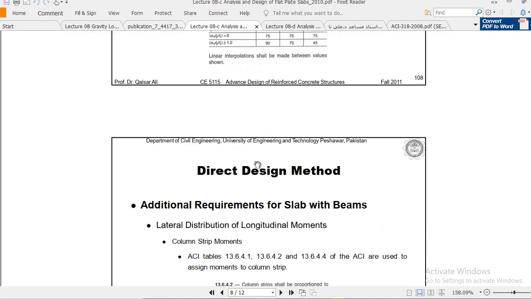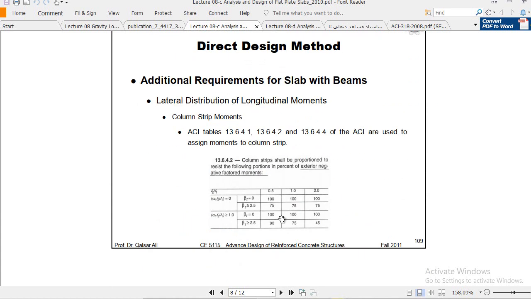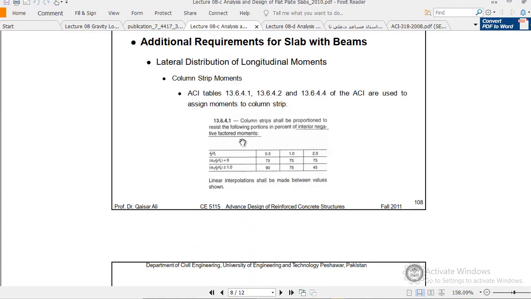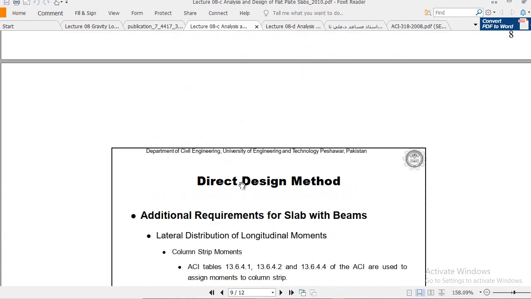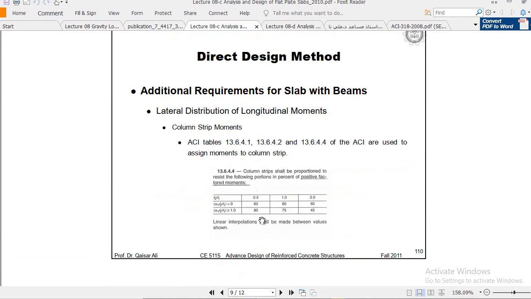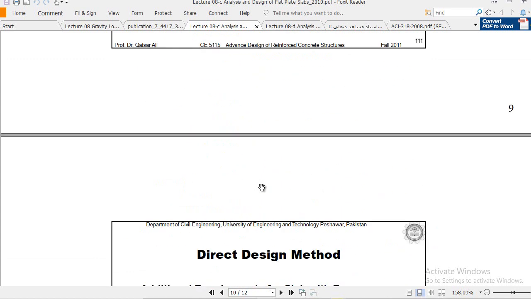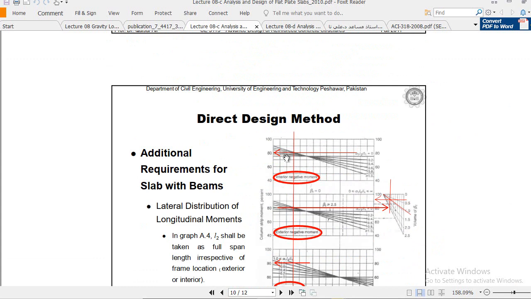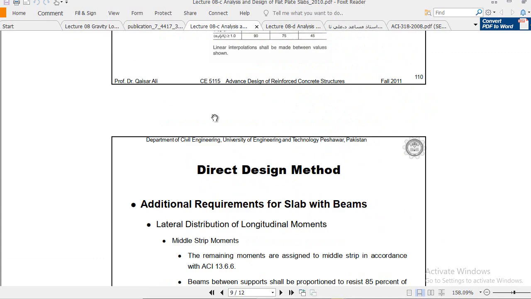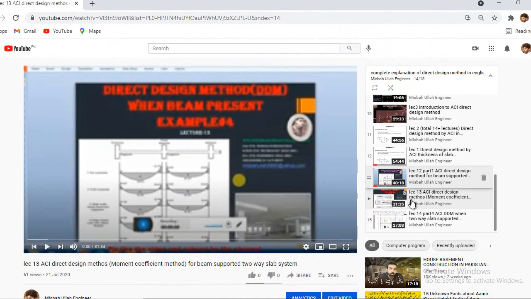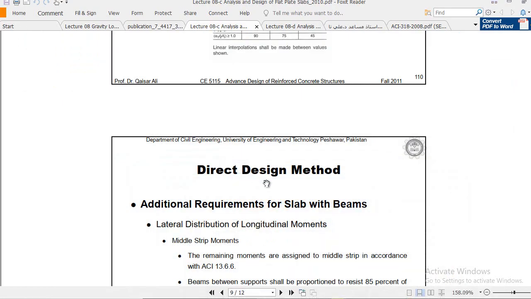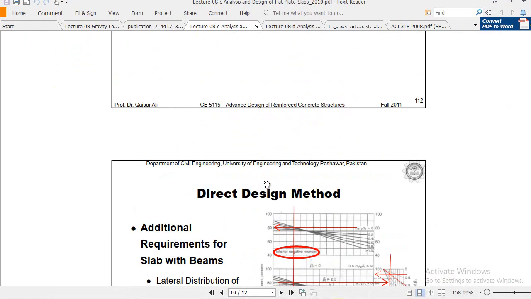So we have to use this table as well. Here we will use the beta T value and here we will use the alpha factor. Clear? The rest of these concepts I already explained in those lectures, so please go there and watch those videos.